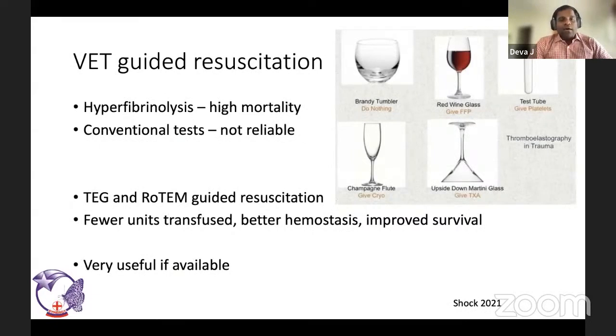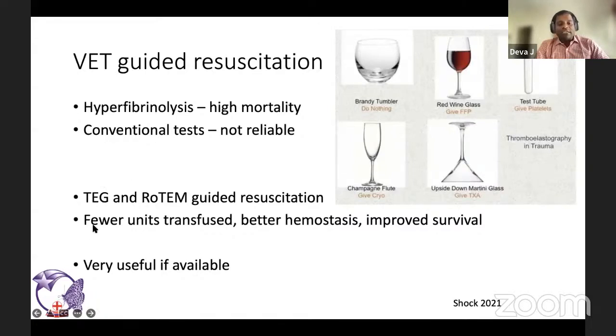So one slide on viscoelastic testing guided resuscitation, your ROTEM and your TEG, not widely available, but as a concept, we do read about it. But I don't know how many centers have it in India. I really don't know. But I'm sure you all have seen the pictures. It's important to remember that viscoelastic testing is very useful if available.